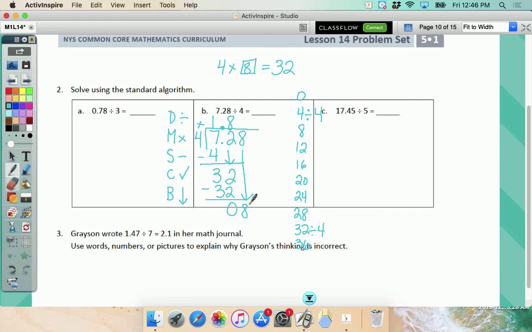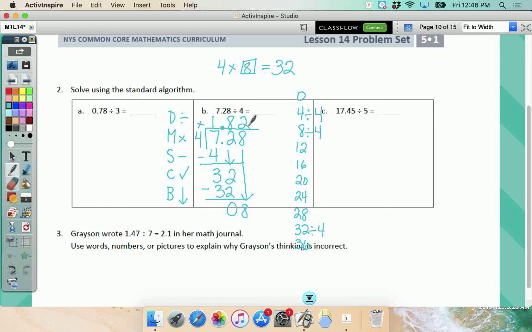Okay, Miss Kinnear. All of you. So I brought down my 8. Is that okay? Yes. All right. So after I bring it down, I go back and I divide again. Zane, looking for an 8 over here. Is there one? Yes. Okay, so what do I divide by? 4. What's the answer to 8 divided by 4? 2. Okay. Gage, finish it out for me.